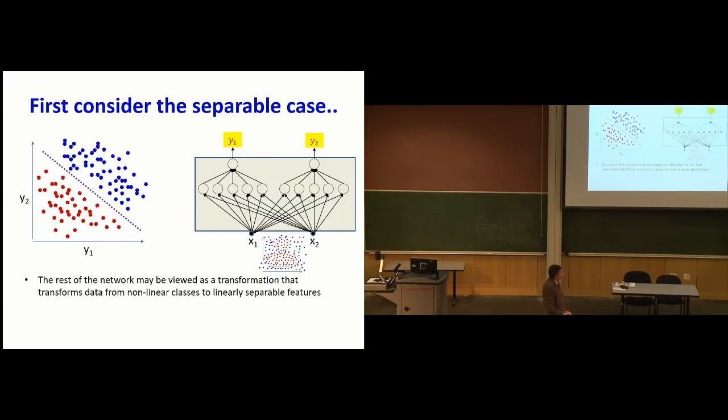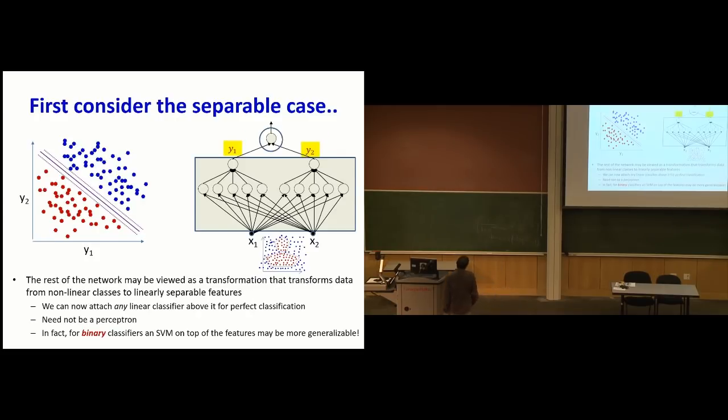So the network, in fact, has two components. The first component is this feature computation module, so to speak, which works on the input, modifies it and modifies it until the classes are linearly separable. And then finally a classifier which actually operates on these linearly separable features and effects the classification.